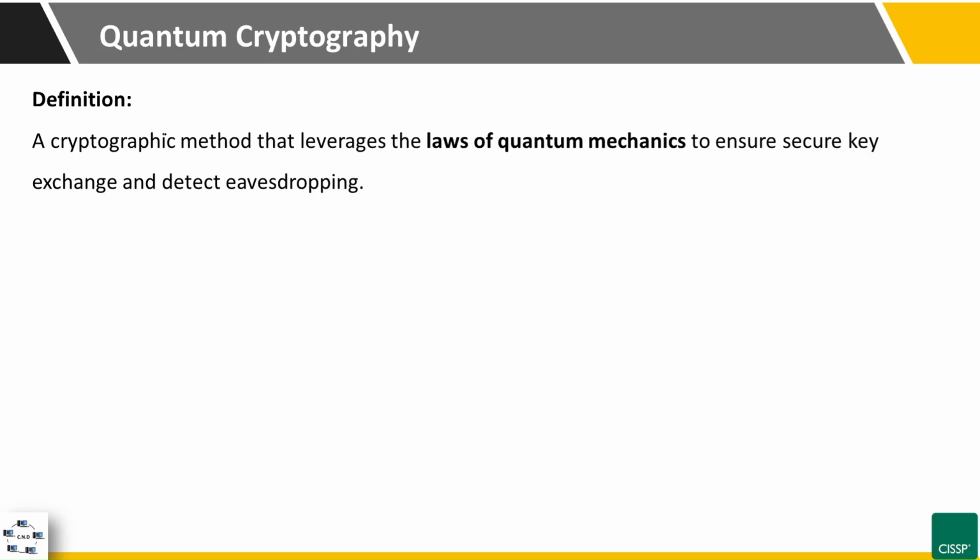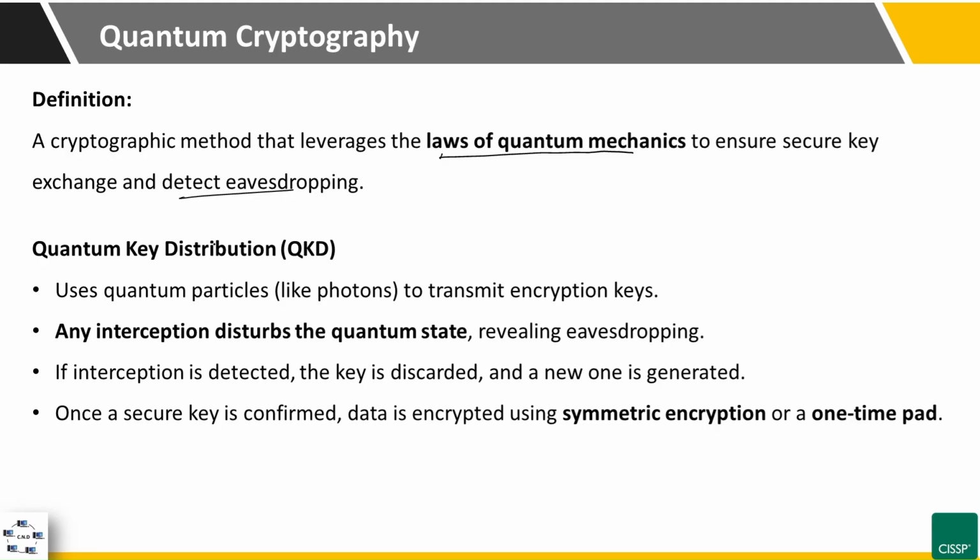Quantum cryptography is a cryptographic method that leverages the laws of quantum mechanics to ensure secure key exchange and detect eavesdropping. What is quantum key distribution? It uses quantum particles like photons to transmit secure keys. Any interception disturbs the quantum state, revealing the eavesdropping.